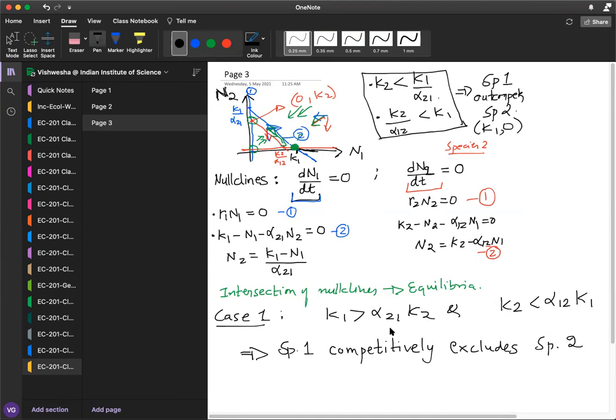It's exactly the inverse of this, right? So when species 1 is fully present, species 2 cannot invade. That's what this condition means. Species 1 can invade even in its worst condition, but that's not true for species 2. Put these two together, and you find that species 1 will competitively exclude species 2.